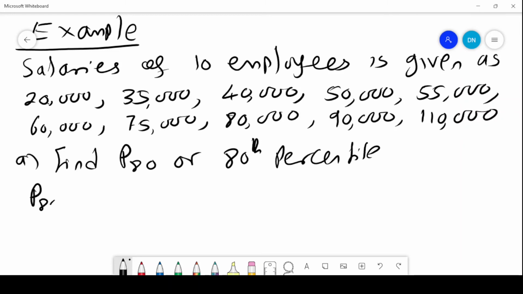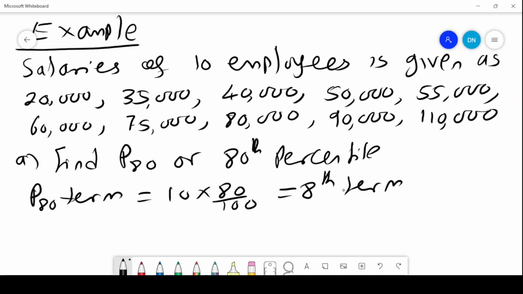So we get a P80 term, which is 10 times 80 over 100, which is the 8th term of your data. And it's very easy for this type of data. You just count 1, 2, 3, 4, 5, 6, 7, and 8.